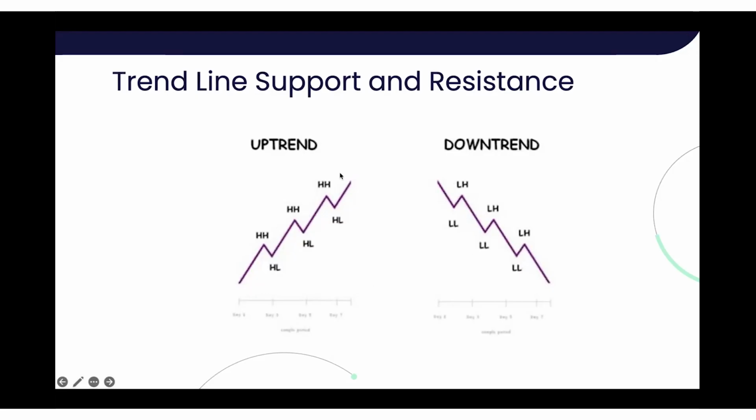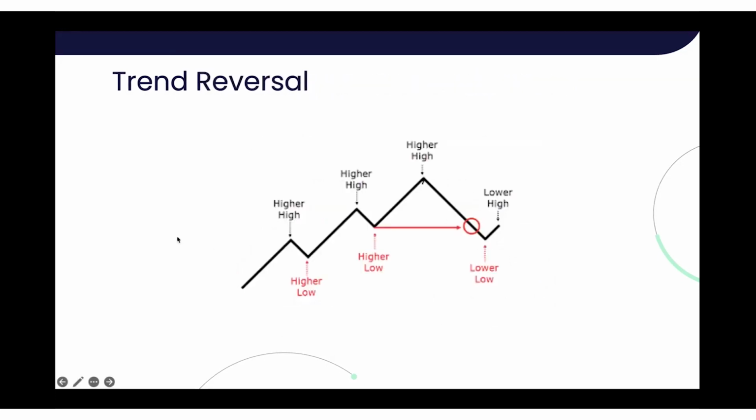How can you understand that the pattern wants to change from uptrend to downtrend? This is the one you can see. The pattern was similar till here, and suddenly the price dropped and created a lower low, which is lower than the higher low. In this case, we have the first sign that the price wants to change the trend.